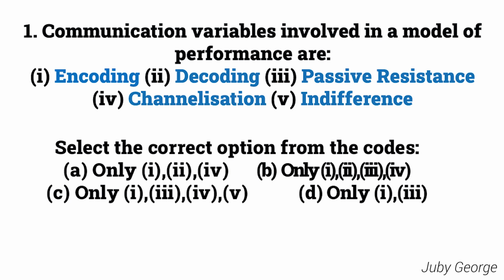Let's look at the options which give all these three. Option A contains the three variables, encoding, decoding and channelization, so it is the right answer. This is how you have to analyze the questions and answers for the UGC NET exam. You have to eliminate those answers which are not suitable and select the correct option.